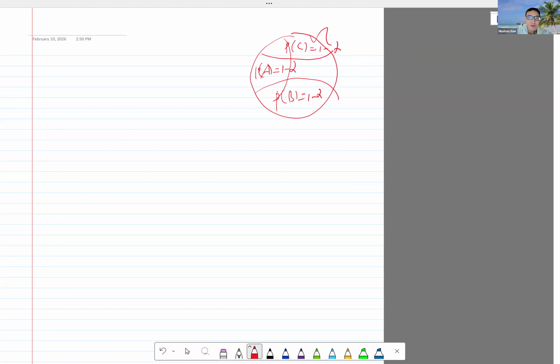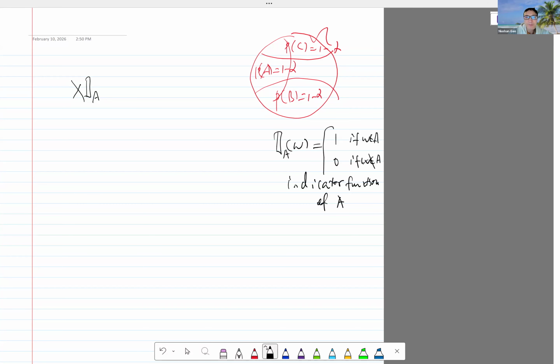I want to consider the expectation of X on a set A. We have seen this function: if omega is inside A, it takes the value 1. If omega is outside A, it takes the value 0. This is called the indicator function, just an indicator of the set A. It takes only two values, either 1 or 0.